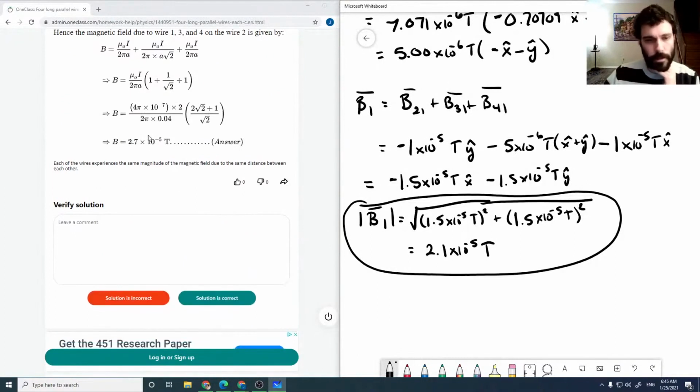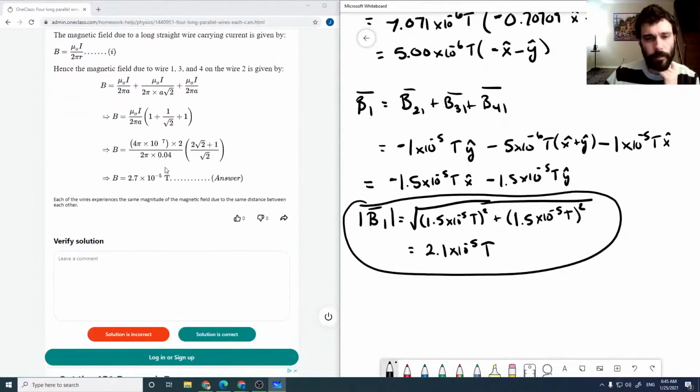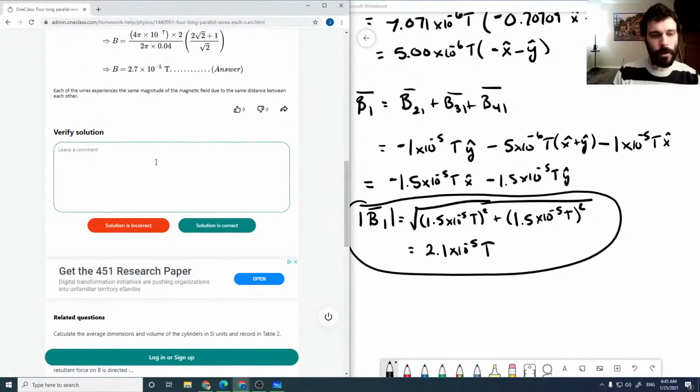So the discrepancy here is because they didn't treat them as vector quantities properly. So magnetic field is a vector and needs to be treated as such.